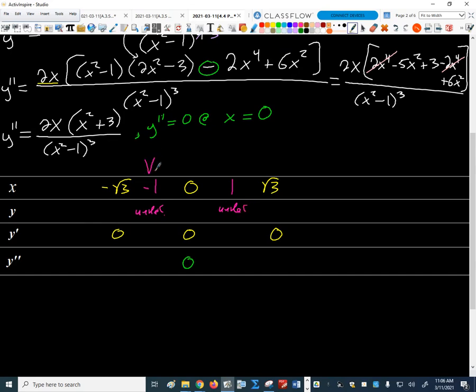The function was undefined there. We determined those were vertical asymptotes. And we had a slant asymptote at y equals x, okay? Our domain was everything except -1 and +1. So now what?